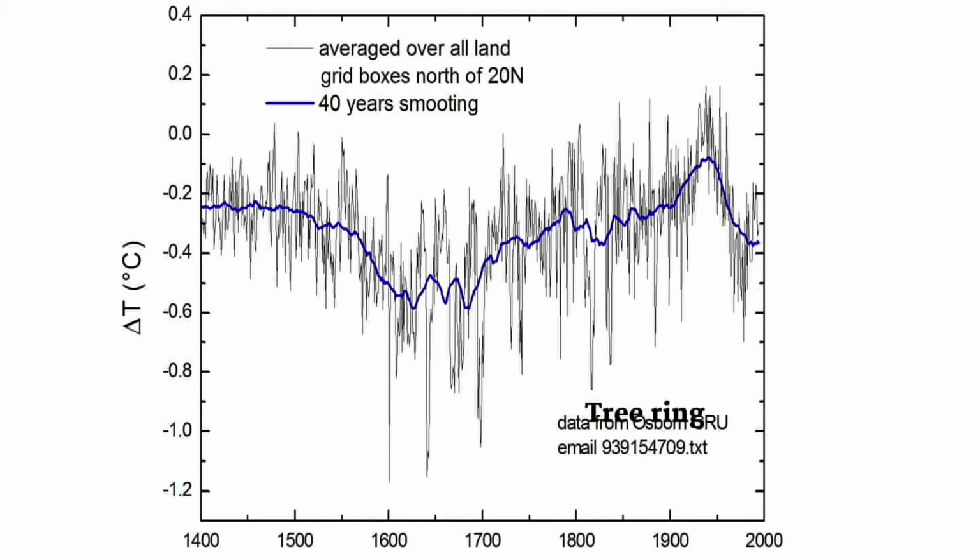This is from tree rings. It shows the warming between 1910 and 1940. Do you see it here? It's genuine. It shows no warming after 1940. No warming at all after 1940.